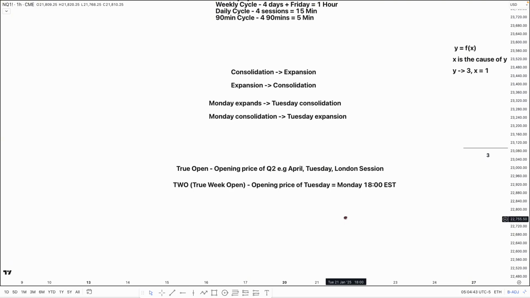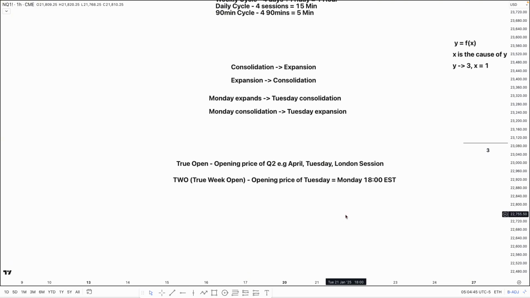And we'll be using this, as Day likes to call it, that barometer to gauge whether price is in premium or discount. And in a future video in this series, I will explain how we can use this true week open in ways that are not just buy below and sell above.